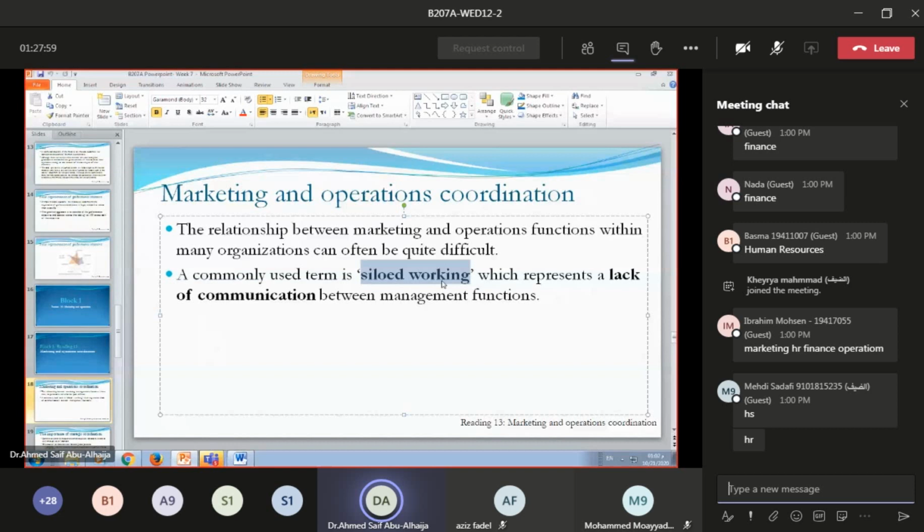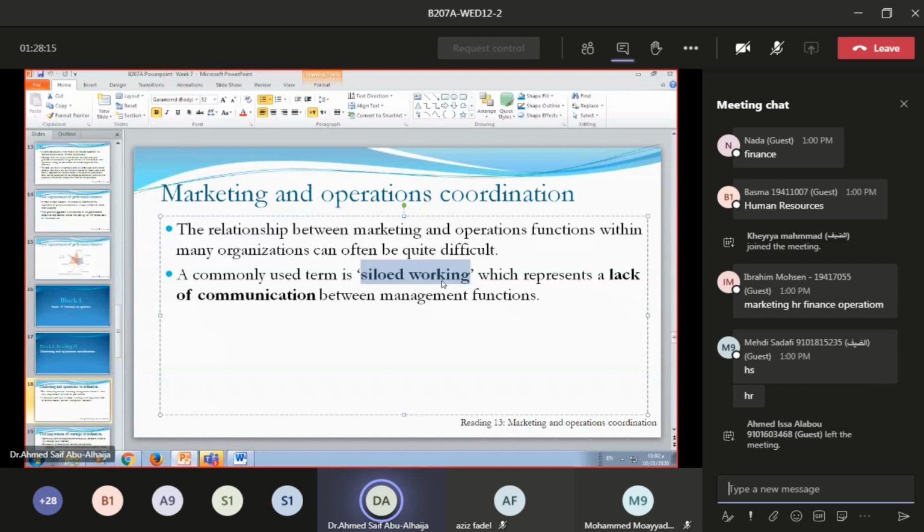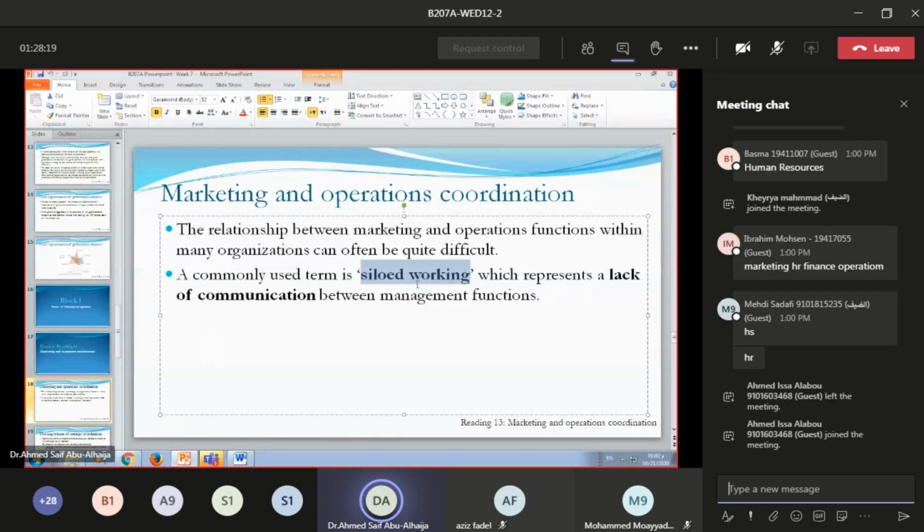Siloed working means each department works according to their agenda without having a consistent cooperation between the marketing and the operation.